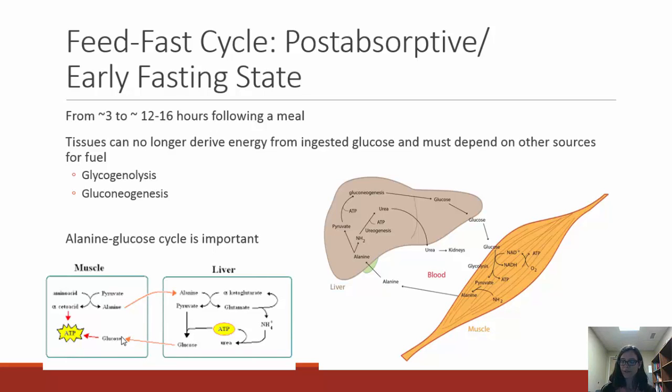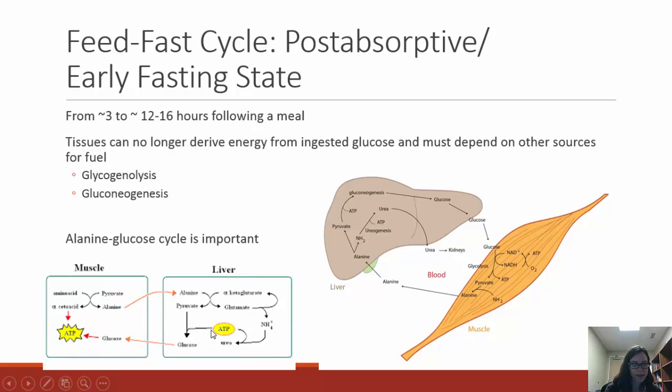So within the liver, the alanine is converted back to pyruvate, and it can either go back to the muscle for energy, or it can be used as a gluconeogenic substrate, which can then go back to the muscle for energy, or it can be oxidized in the TCA cycle.